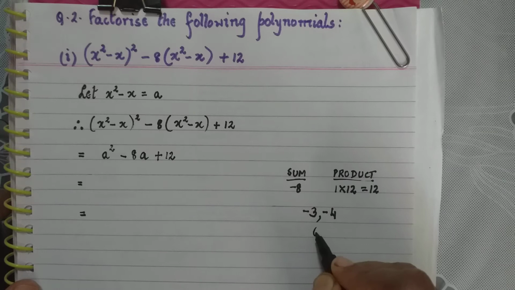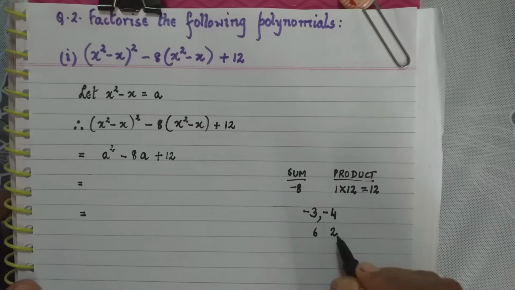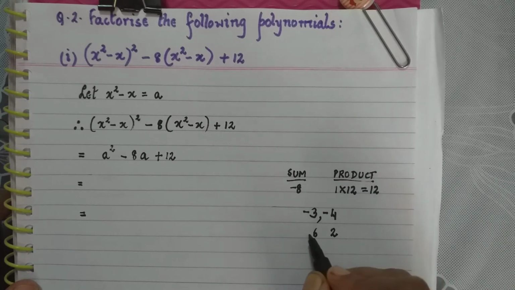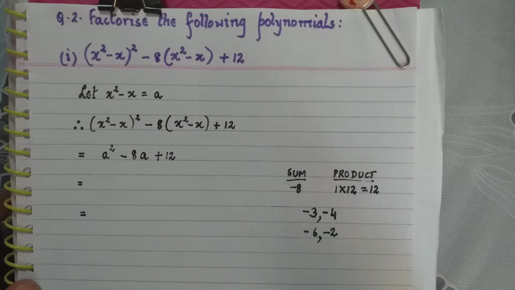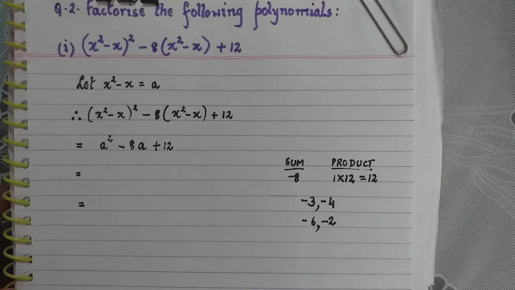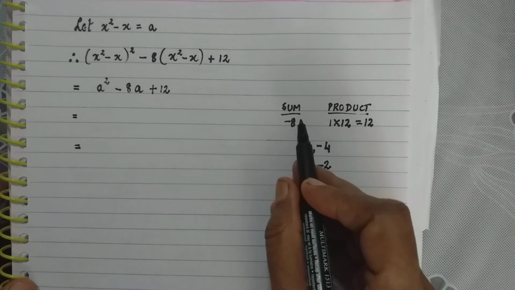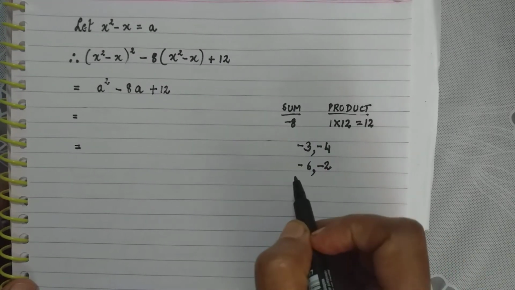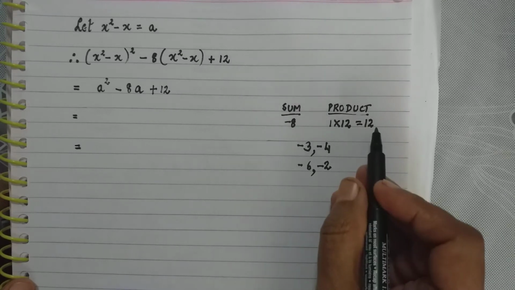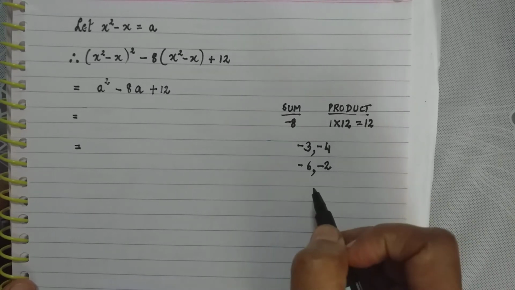No, it cannot become. Okay, so let me take one more pair of numbers whose product is 12. So let me take 6 and 2. Both have to be minus. So suppose this is minus 6 and here we have minus 2. Now minus 6 and minus 2, will it become minus 8? Yes, it will. And minus 6 into minus 2 is plus 12.